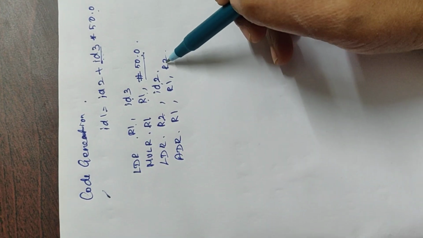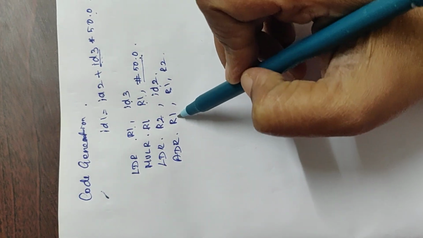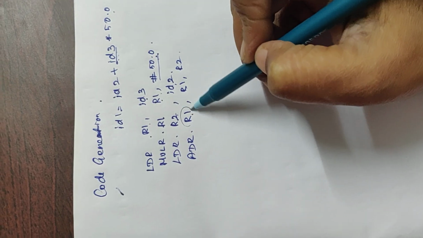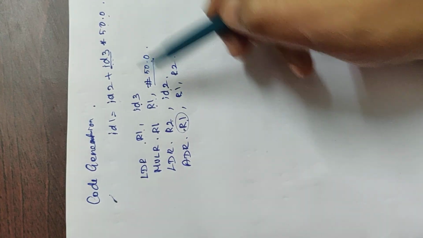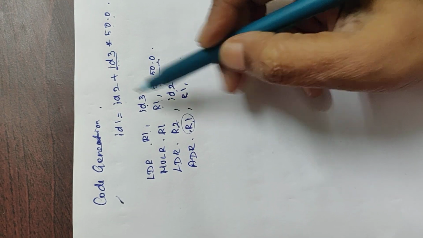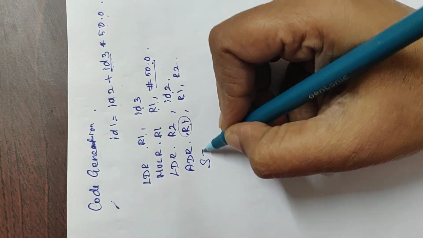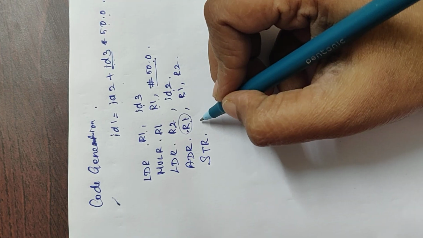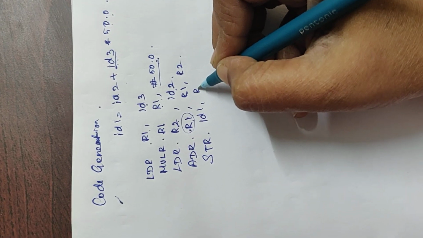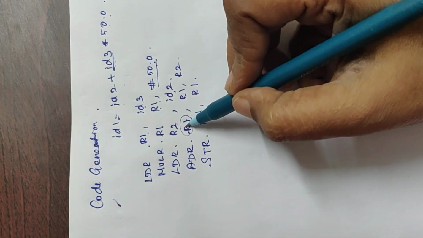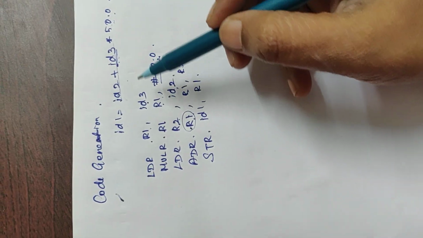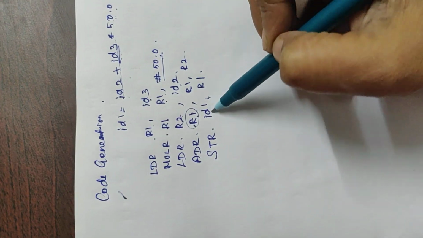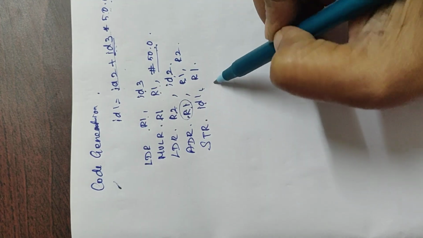That is getting added and the result is getting stored in R1. Now the entire computation result is in R1. Now I need to store it in id1. So STR id1 comma R1. The entire computation value available in R1 is getting stored in id1. So our computation is completed.